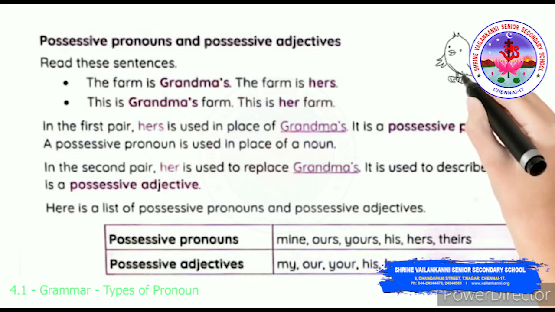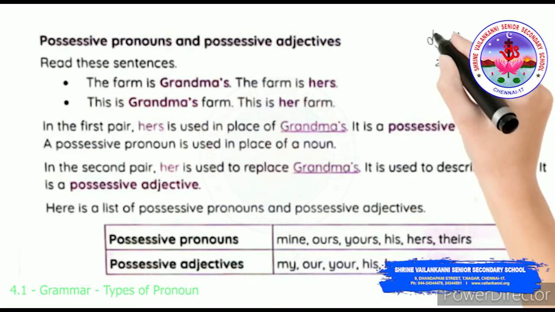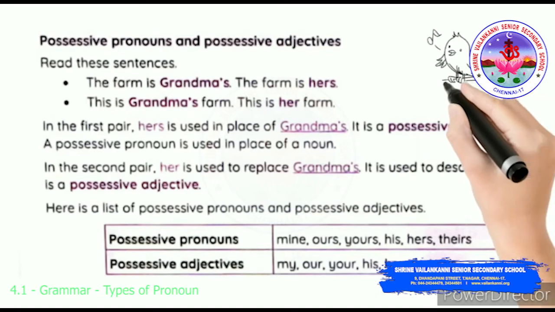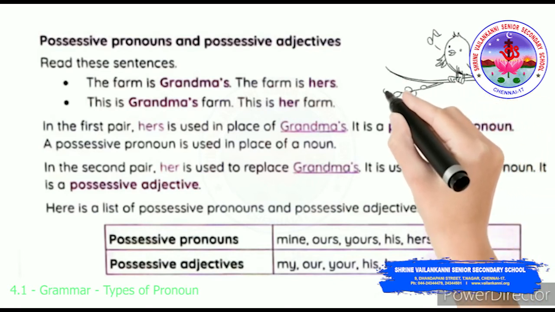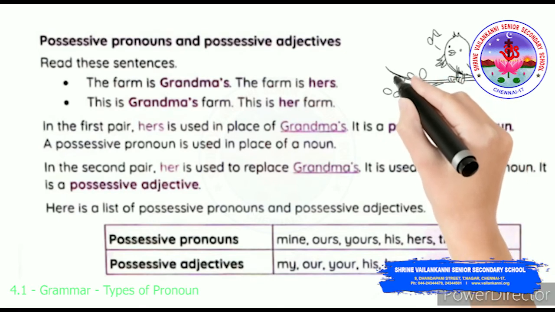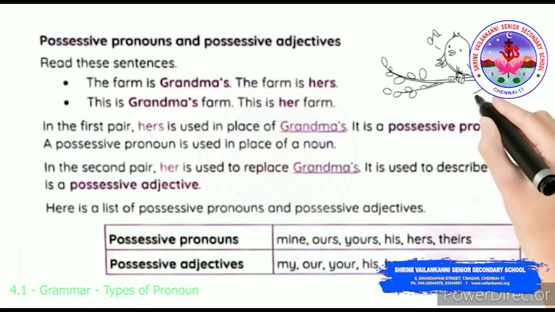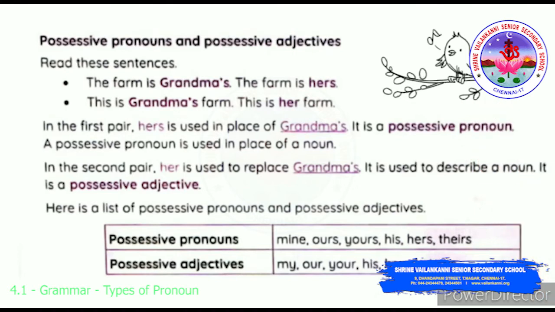Now listen here. In the first one, hers is used in the place of grandma's, so it is a possessive pronoun. Listen, hers does not come before the noun, it comes before the verb. This is the clue for you.